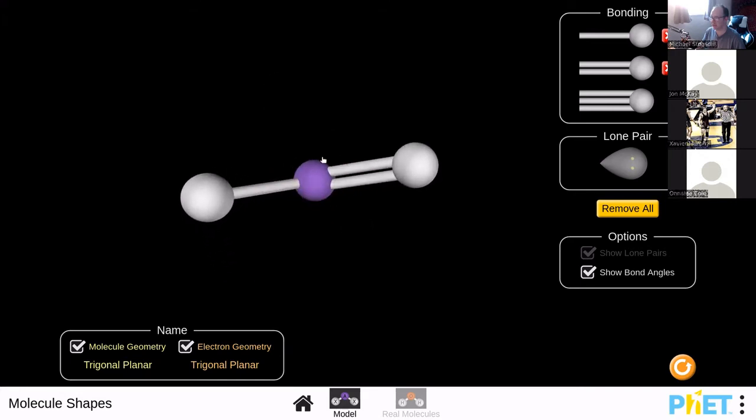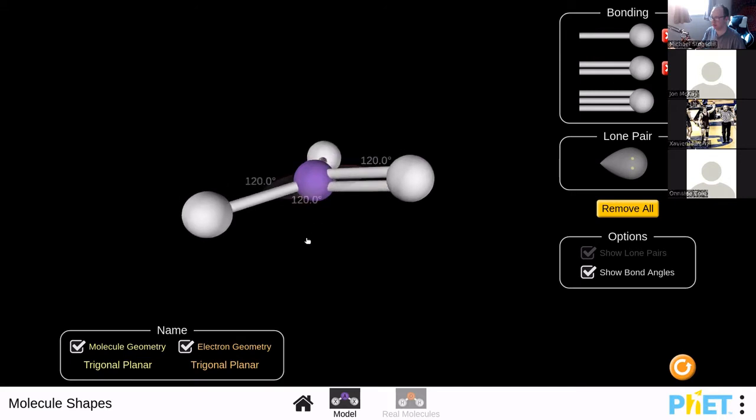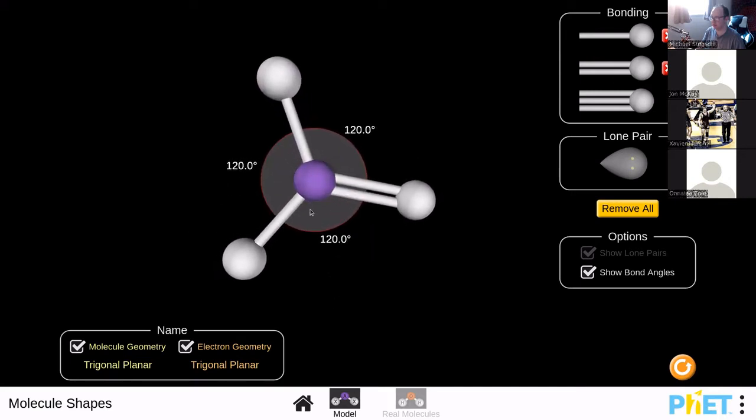If I look at it from here, I can see that there's just as much above the center plane as there is below it. And if I come up here, I can see that I'm at 120 degrees between each other. There are 360 degrees in a circle, so each one of these is exactly 1/3 of a circle. And that's placing them as far apart from one another as we can get them.